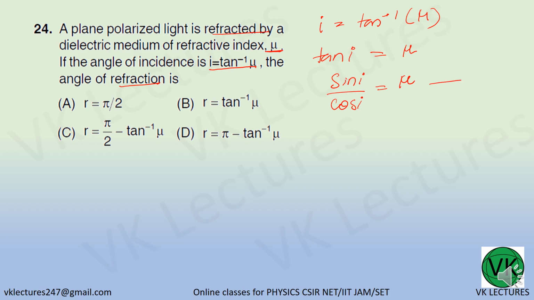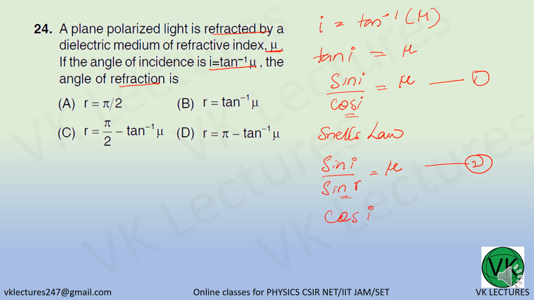Now this is from the question, but from Snell's law we have sin I by sin R equal to mu. Okay, now just comparing equations 1 and 2, we get cos I equal to sin R.